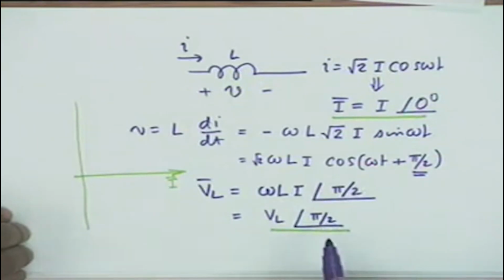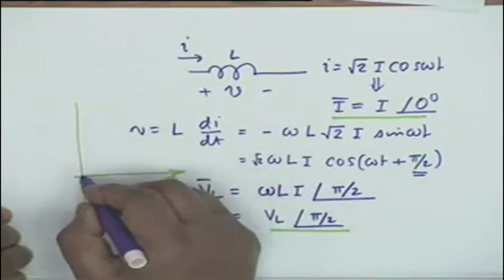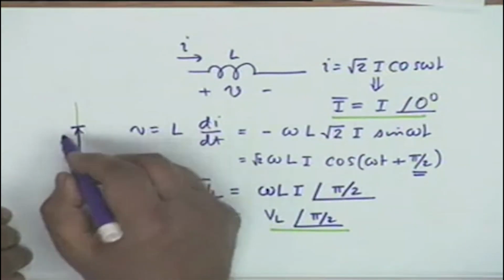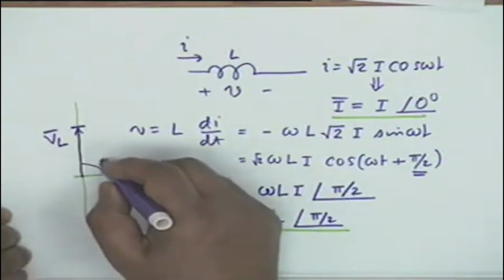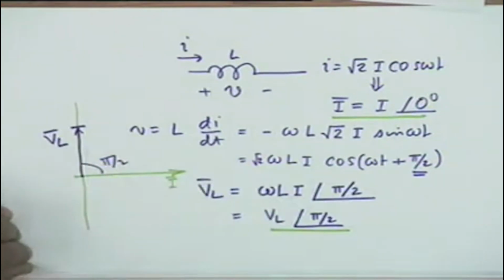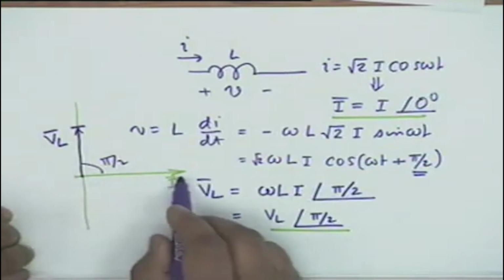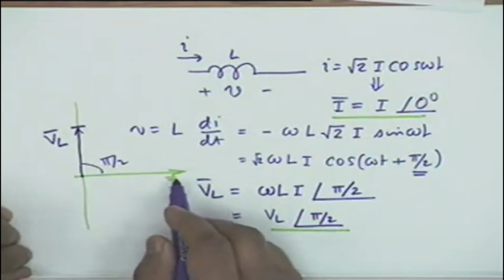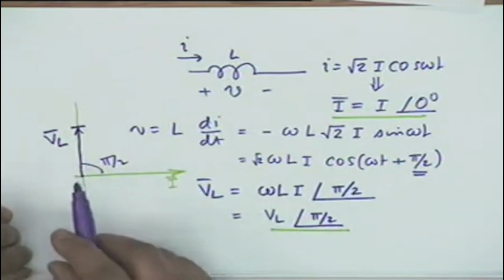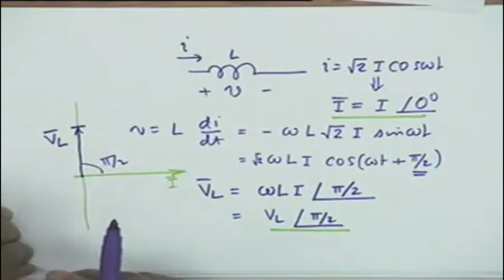So the voltage phasor across an inductor leads the current by an angle of pi by 2. With the current as the reference, the voltage phasor across an inductance leads it by an angle of pi by 2.